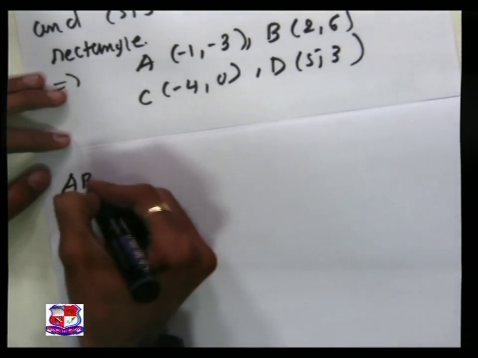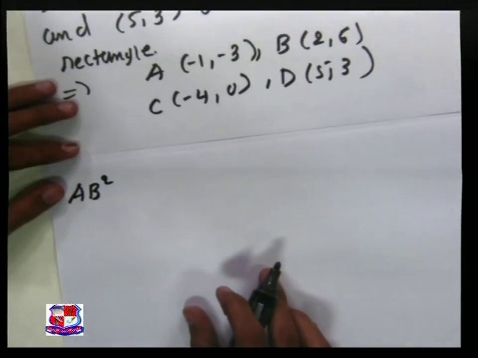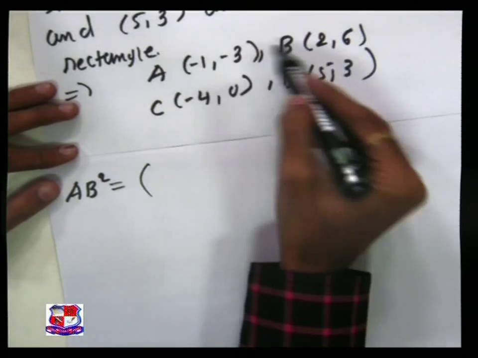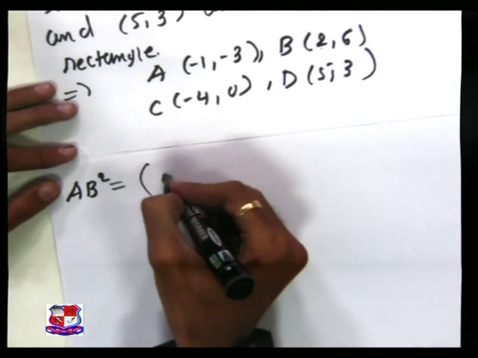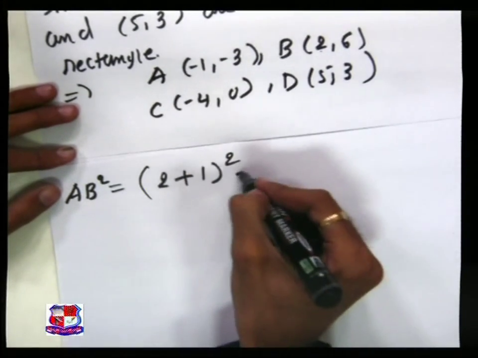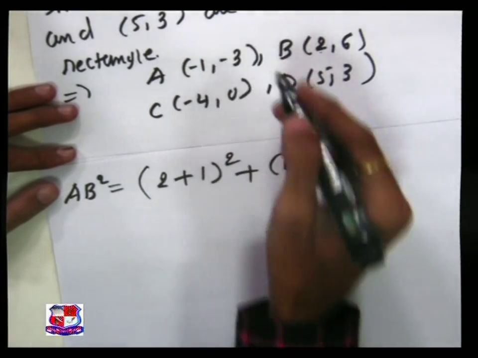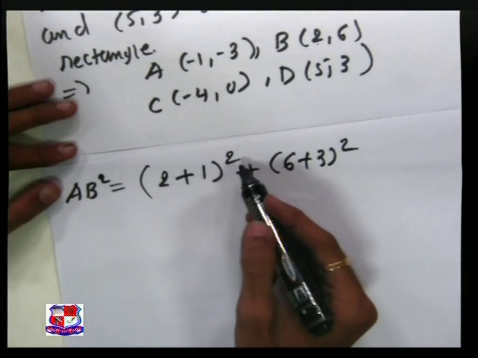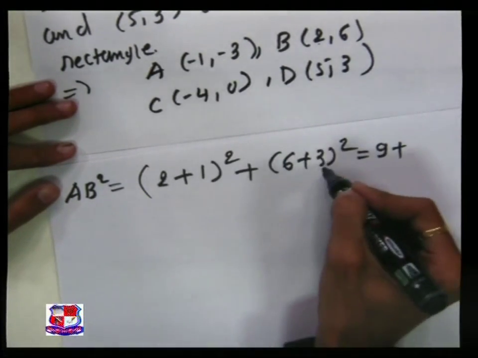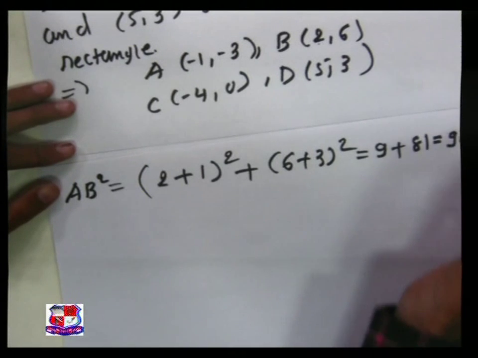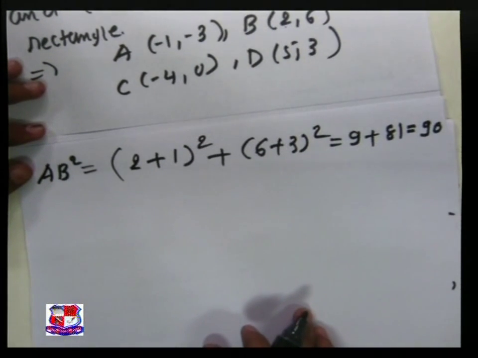So here AB square is equal to, here AB, that is (2 minus -1), that is 2 plus 1 whole square, that is (x2 minus x1) whole square, plus (6 minus -3), that is 6 plus 3 whole square, that is 2 plus 1, that is 3 square, that is equal to 9, plus 6 plus 3, that is 9, and 9 square, that is 81. So the answer is 90. So here AB square is equal to 90.